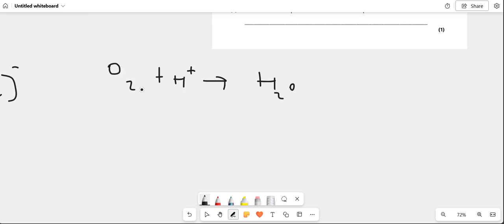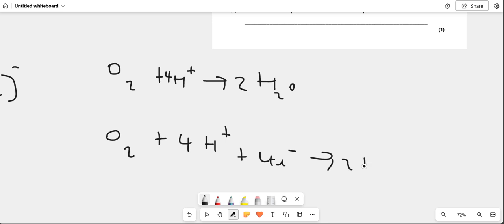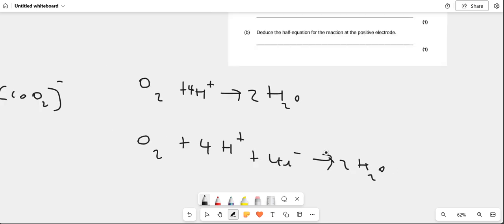You just got to balance it. For O2, I've got one O there, so add a 2 there. And then I've got 4H now, so add another 4 there. Now obviously I need to balance charge. The final equation is O2 plus 4H plus plus 4e minus gives you 2H2O. So that's the other half equation there.